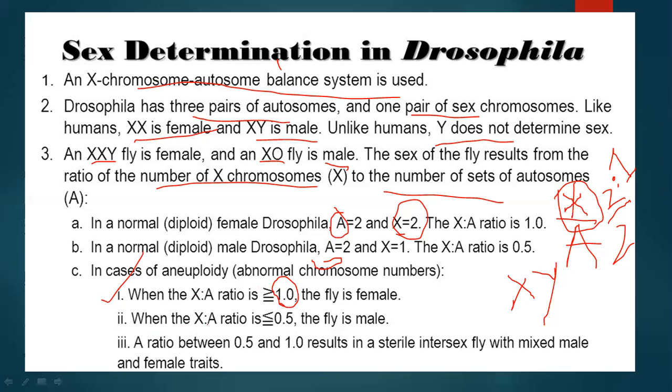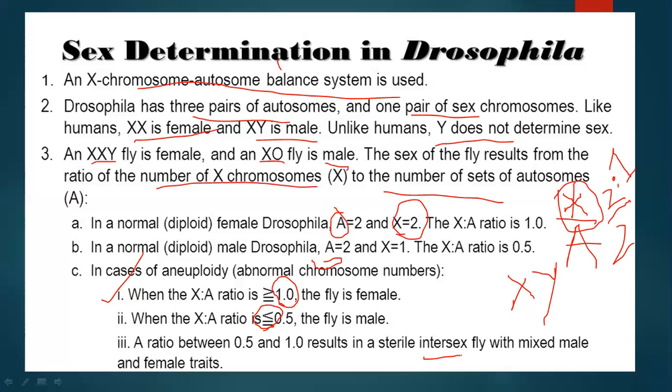When the X to A ratio is less than or equal to 0.5, the fly will be male. A ratio between 0.5 and 1 results in a sterile intersex fly with mixed male and female traits.